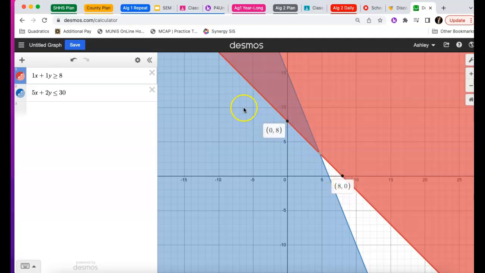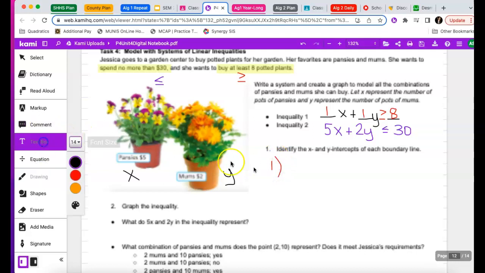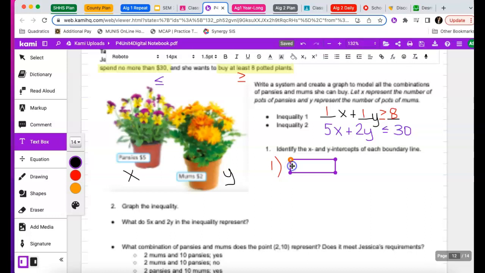So it looks like our y-intercept is 0, 8, and our x-intercept is 8, 0. So for inequality 1, the x-intercept was 8, 0, and the y-intercept was 0, 8.